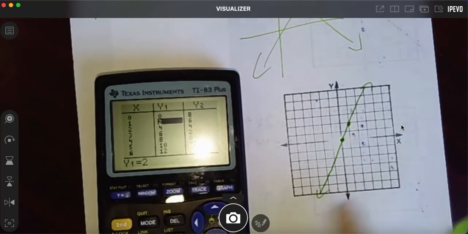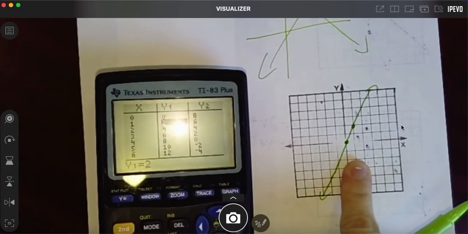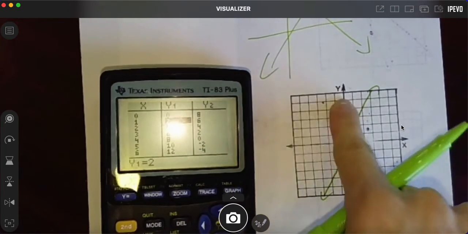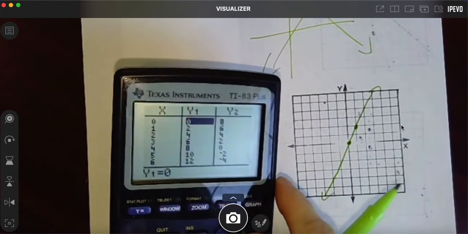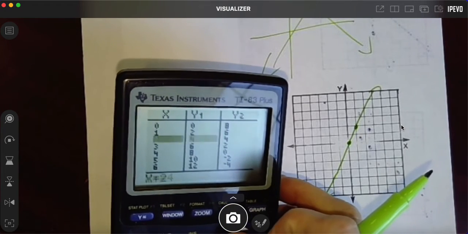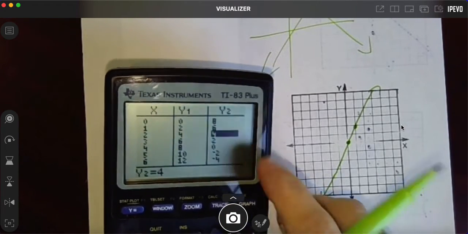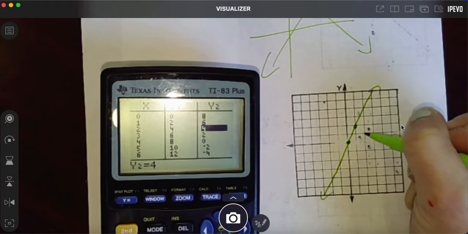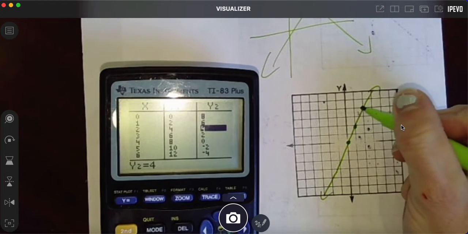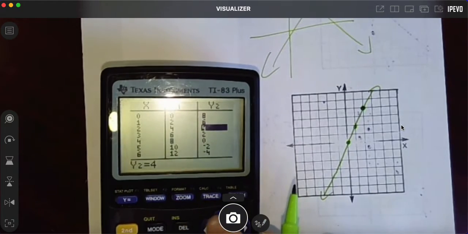See now I used my calculator and it told me where to plot my points. That's fine. I can tell where my line goes. Then let me do the other one. I don't want to use 8 and 6. Those are kind of big numbers. If x is 2, what's y? 4. So I'm going to go over 2 and up 4: 1, 2, 3, 4. That's my point. And then let me do one more.